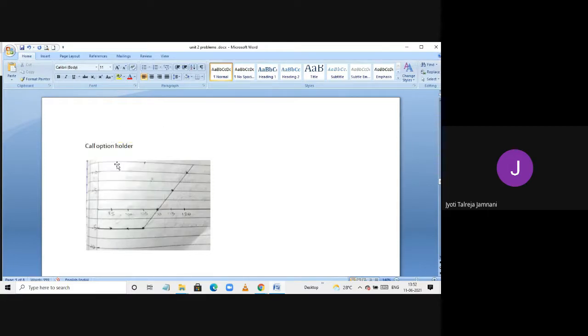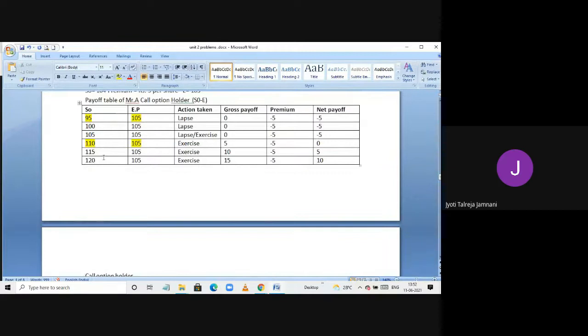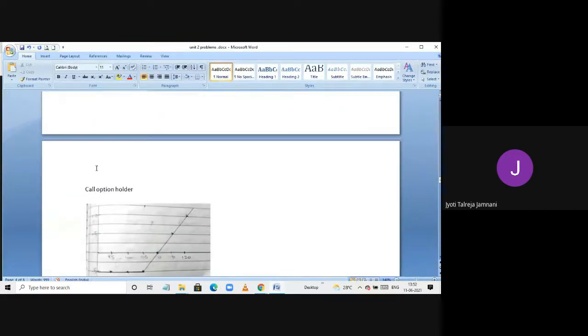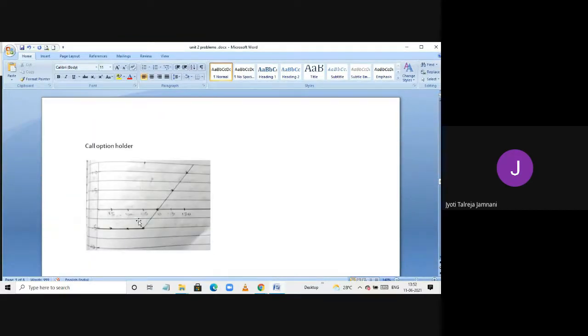So we have the x-axis and y-axis. Sorry, on the x-axis I have taken the prices 95 to 120. So here you can see 95, 100, 105, 110, 115 and 120. And on the vertical line we take the gain and loss. Anything above 0 is gain, anything below 0 is loss.